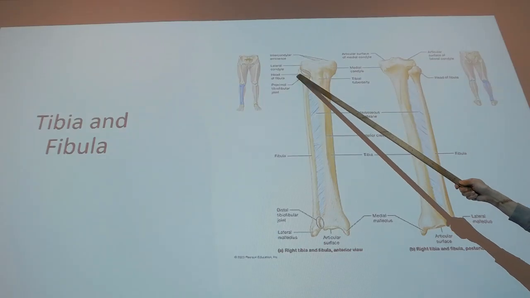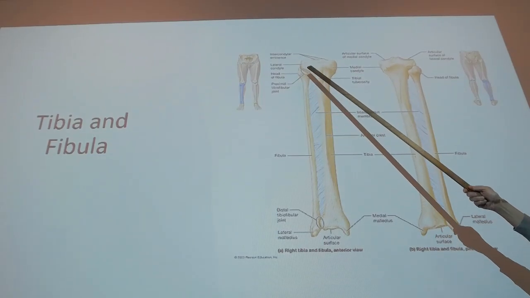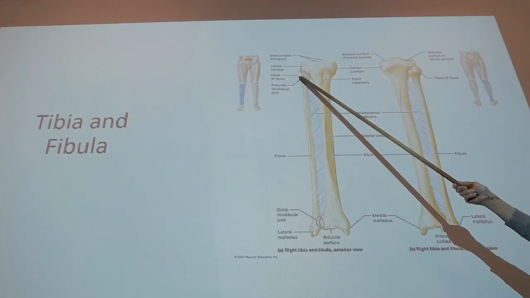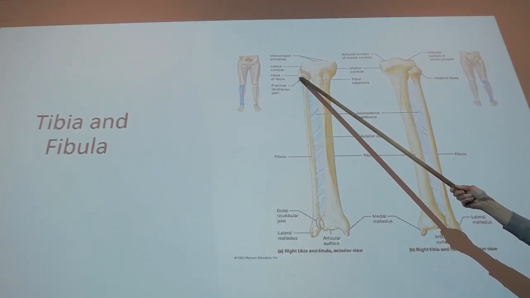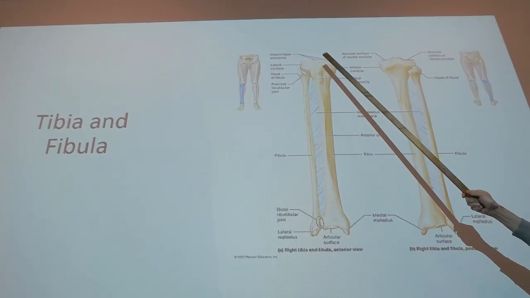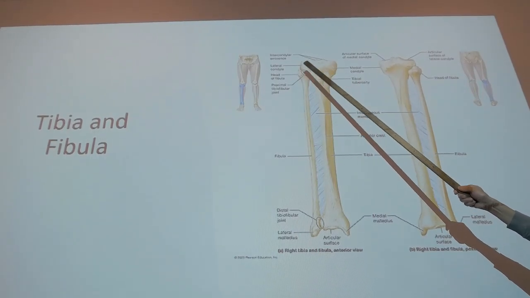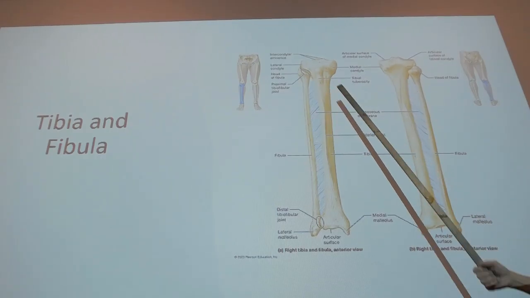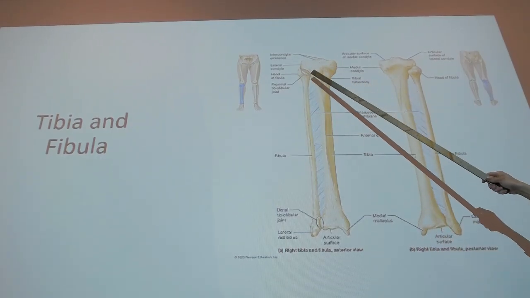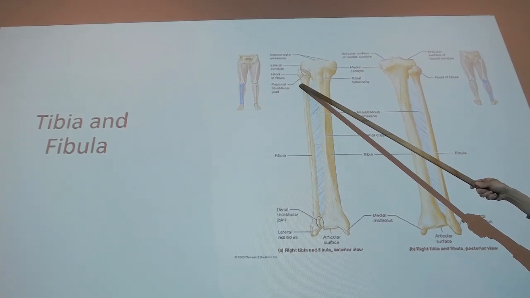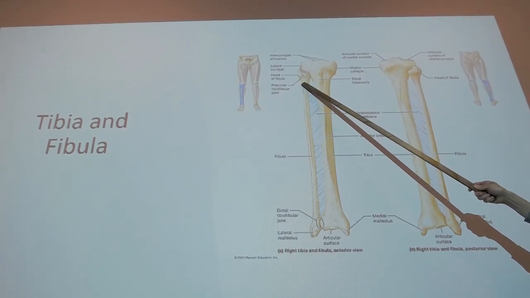Now, laterally to the tibia, we have proximally the head of the fibula and what we call the proximal tibiofibular joint. And then the fibula has a neck below the head. It's not labeled in here.